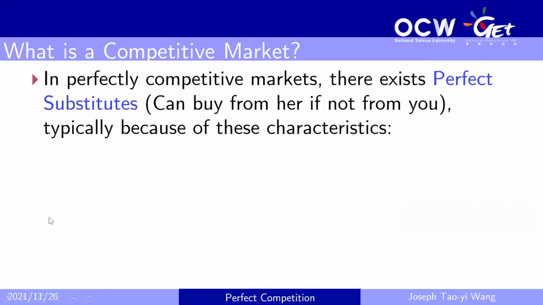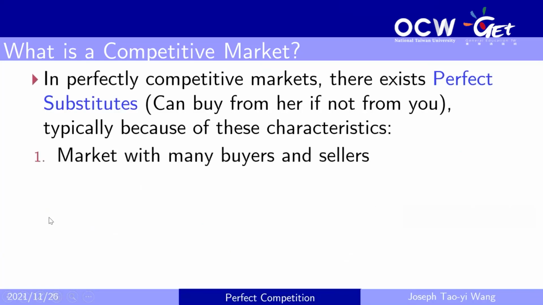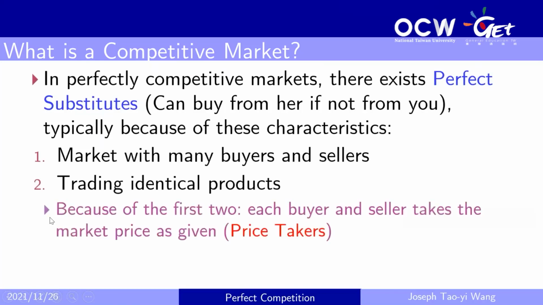And it's typically because there's a market with many buyers and sellers, and also they're trading the same product. That's why it's a perfect substitute, right? If you buy an iPhone, you can buy the iPhone from Mr. Computer next door, but you could also order it online on PC Home or Momo or from Apple.com. And it's the same product. So that's something that's important.